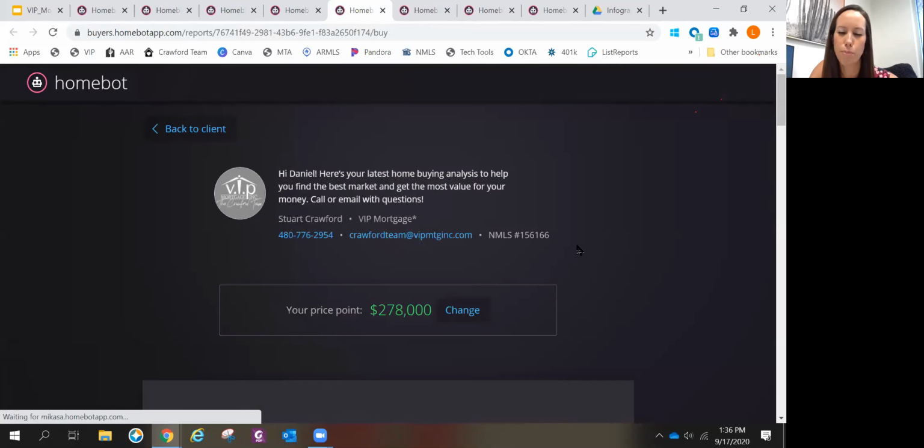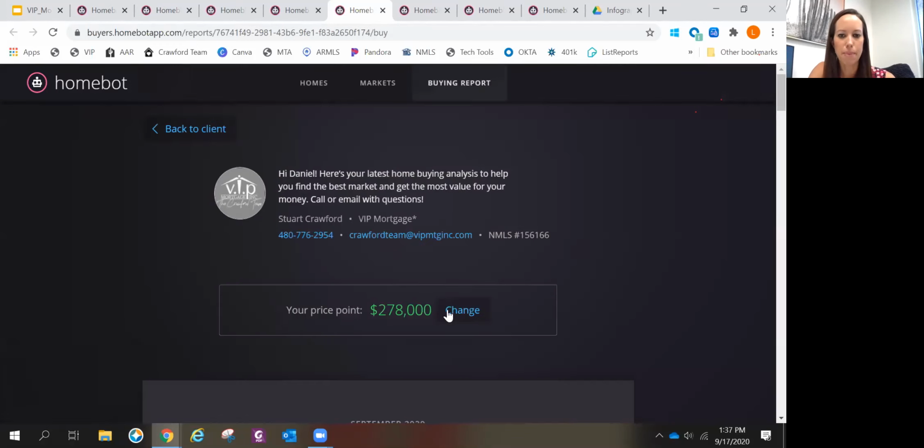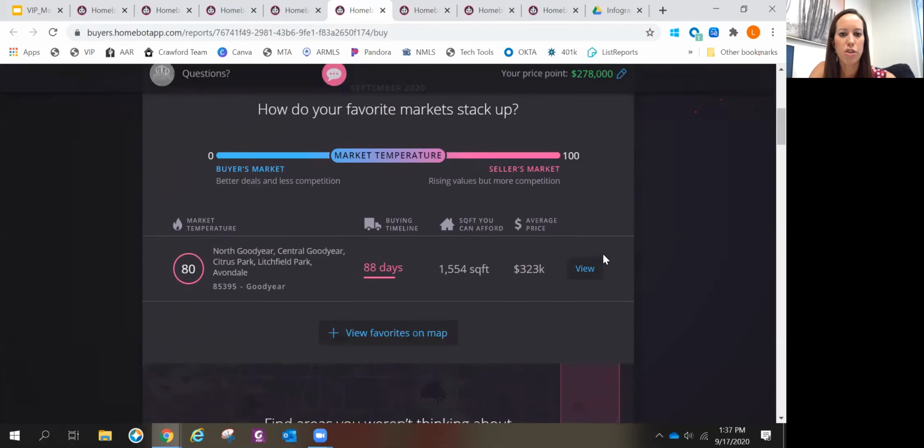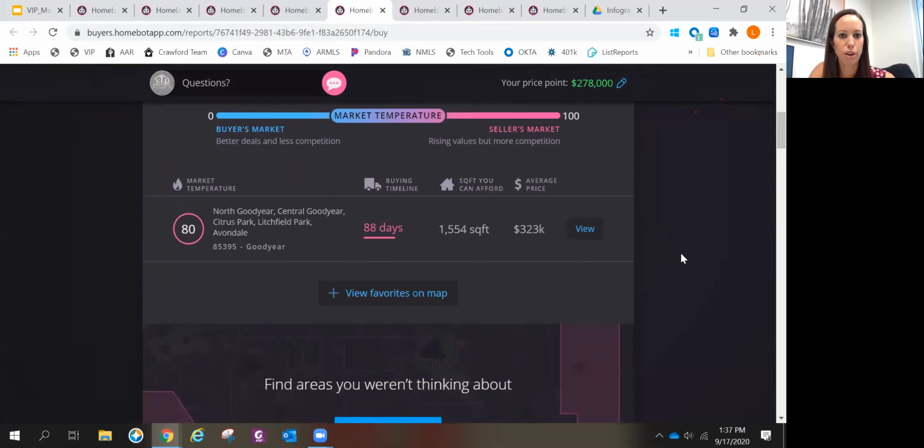So I'm going to preview his report so you guys see what the buyer reports look like. He put in his price point. He can change it very easily here. It'll have all your branding at the top. It shows him the market temperature. So right now, for his areas that he put in, the average buying timeline is 88 days.